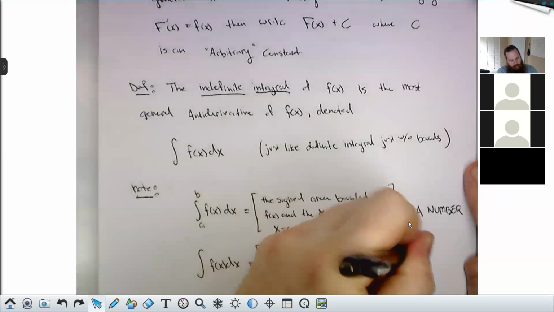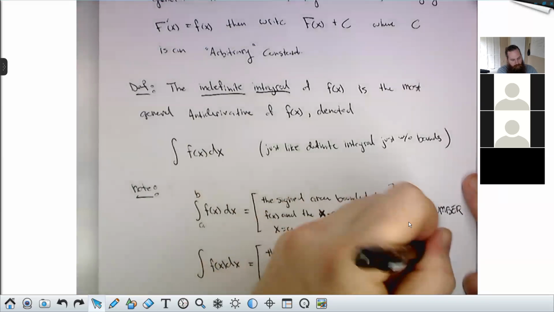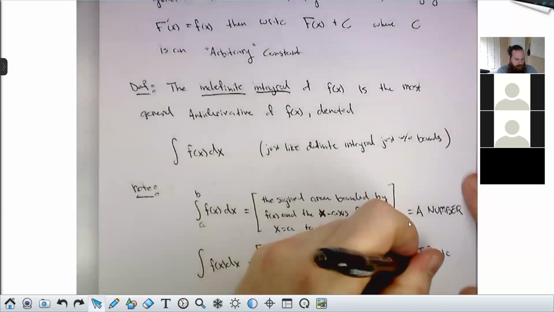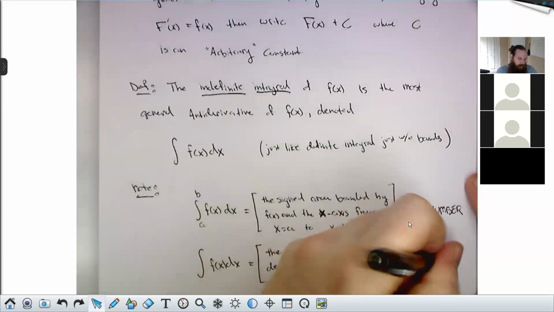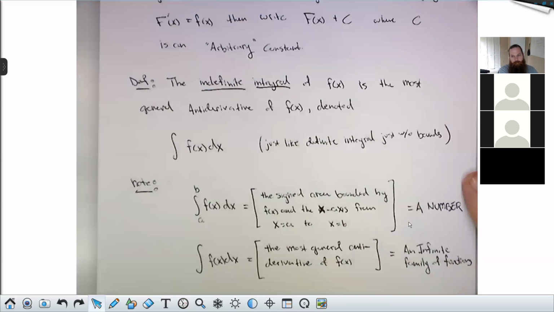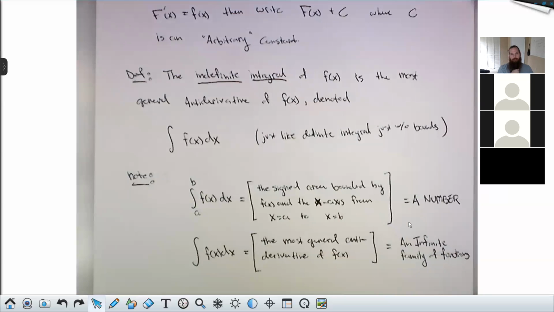This is an infinite family of functions. Okay. So they're very different objects. They look very similar, but they're totally different things. One of them is just a number. The other one is an infinite family of functions.